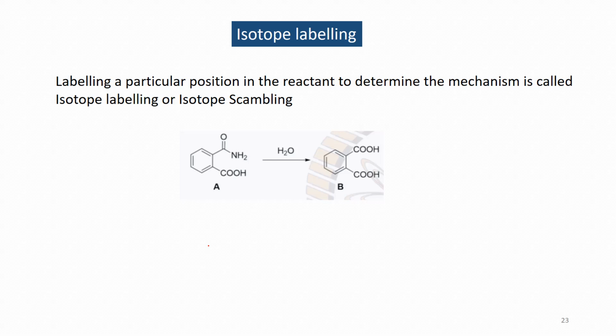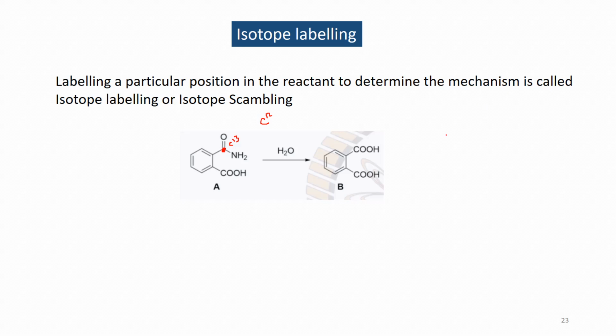Normally carbons are carbon-12, but now we are taking this substrate where this carbon is no more carbon-12, it is carbon-13. That is, we have substituted this carbon with its isotope. So from the product we can determine the mechanism of the reaction.